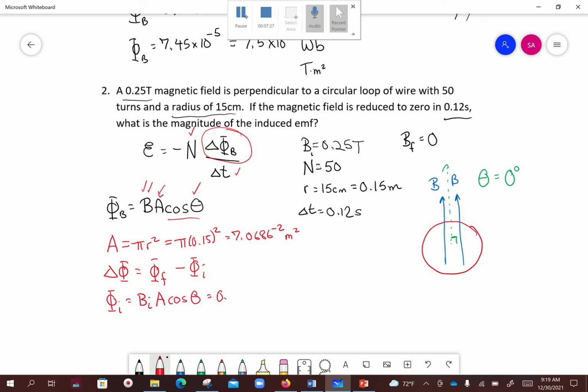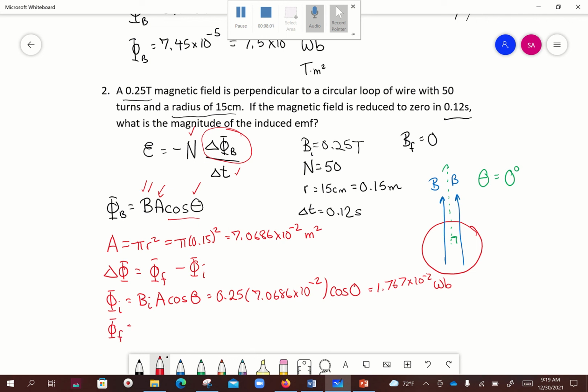So that's going to be initial field is 0.25, my area 7.0686, and let's see, I wrote that wrong up there, didn't I? That should be times 10 to the minus 2. All right, and cosine of 0 is 1. All right, so if I put that in, I get 1.767 times 10 to the minus 2 Webers.